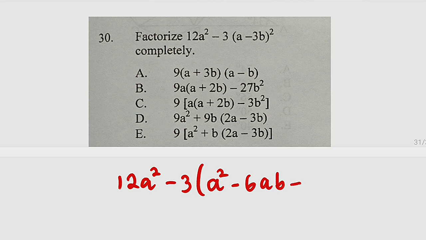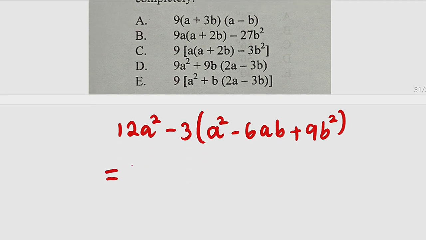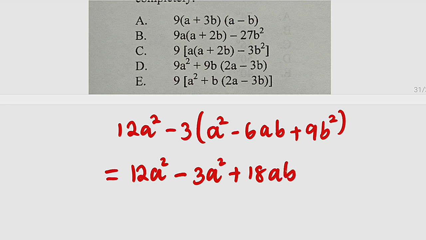Then 3b squared is 9b squared. Then we expand. This is 12a squared minus 3a squared minus 3 times, now negative is positive, 3 times 6 is 18ab. Then minus plus is minus, 3 times 9 is 27b squared.